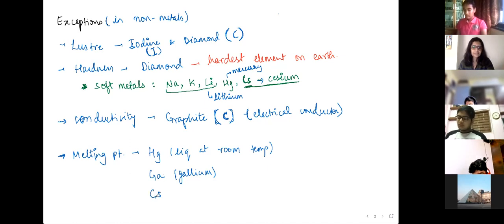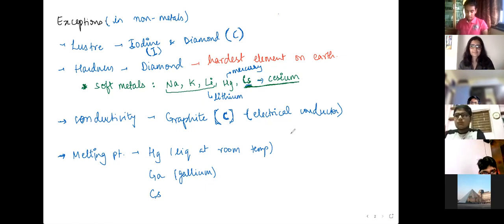Cesium, Cs, that we had come across over here, also has a low melting point. Ma'am, is the spelling of cesium with an a-e or an e? Both are used. I've come across both spellings. Both are fine.